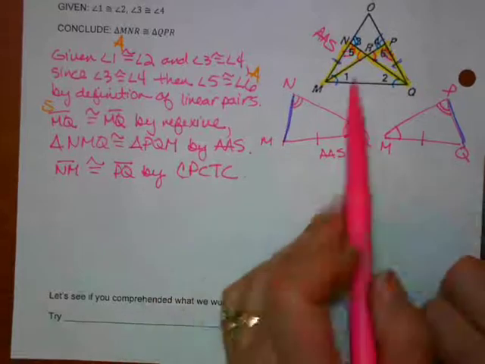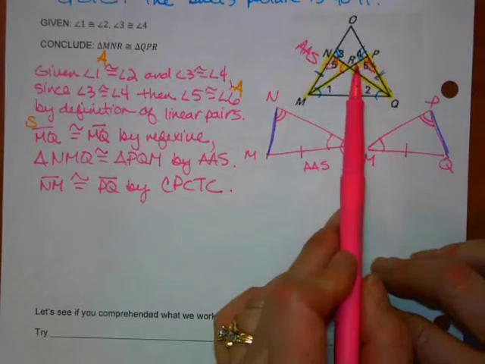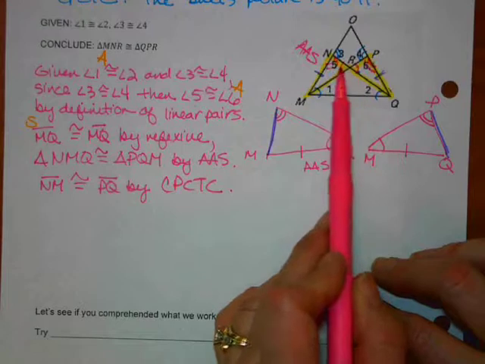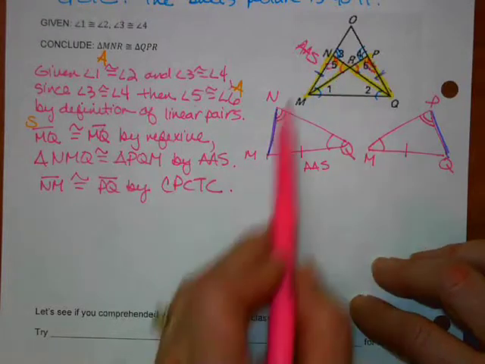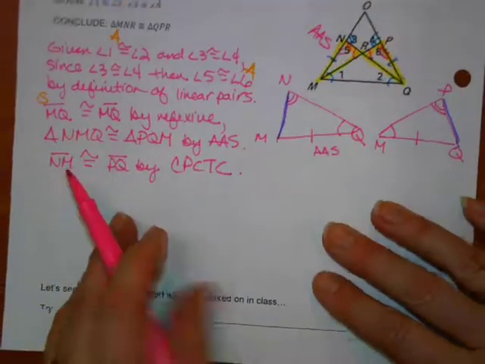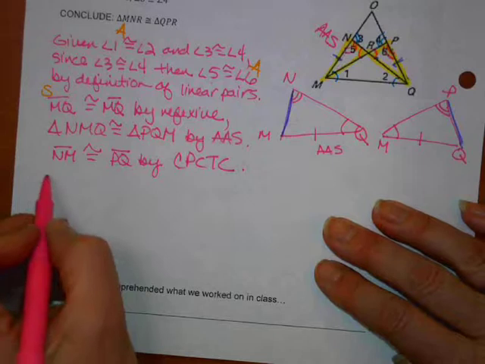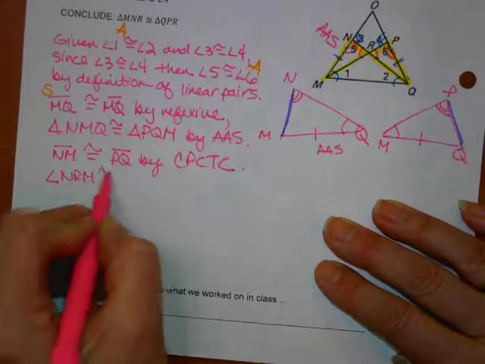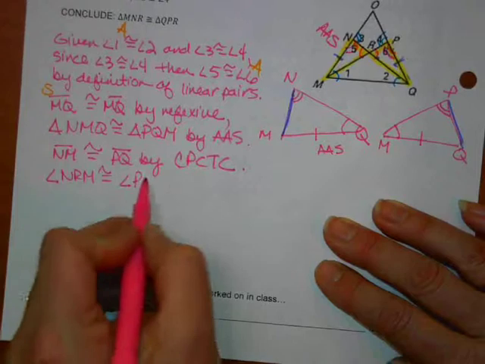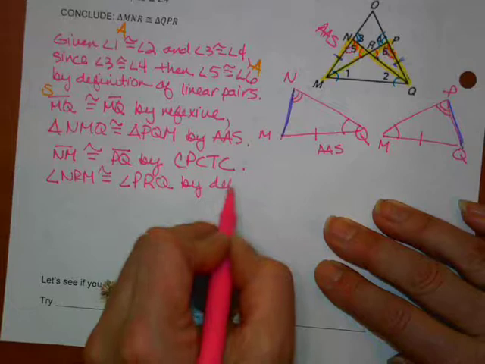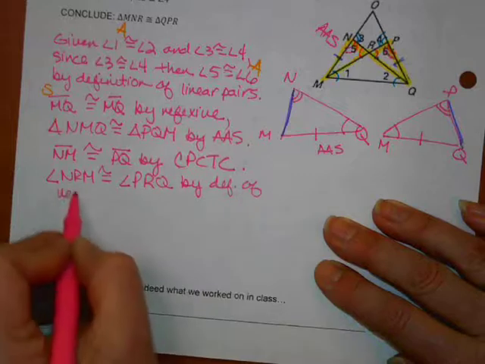The last thing I need to talk about are these, the vertical. We didn't do the vertical yet. We did 5 and 6, and we've gotten this. Now we have to do the vertical. That's the last thing we've got to do. So angle NRM is congruent to angle PRQ by definition of vertical angles.